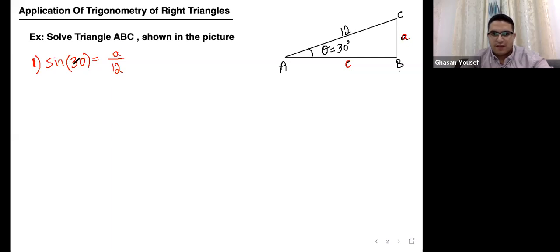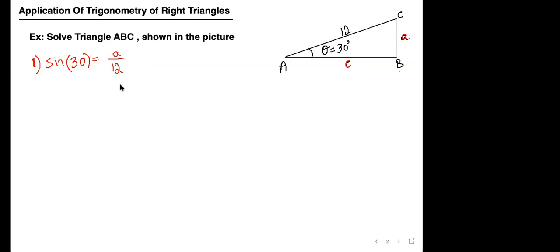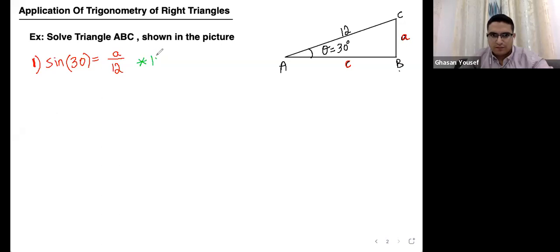And at the same time, I know the value of sine 30. So a is the unknown value I need to find. What should I do now? I have to multiply both sides by 12. So multiply this side by 12 and this side by 12.